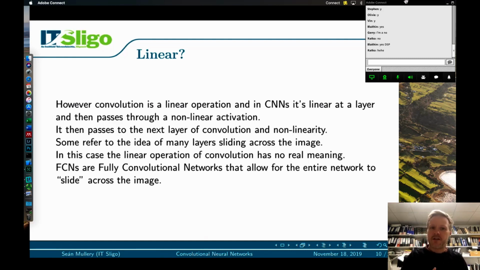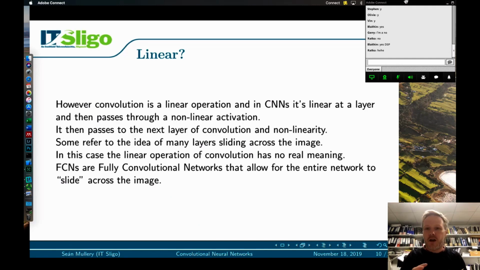So some refer to the idea of many layers sliding across the image. In this case, the linear operation of convolution has no real meaning. There are these things called fully convolutional networks that allow for the entire network to slide across an image. Most networks will take in an image of maybe 256 by 256 or smaller.